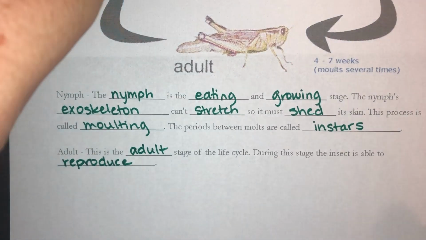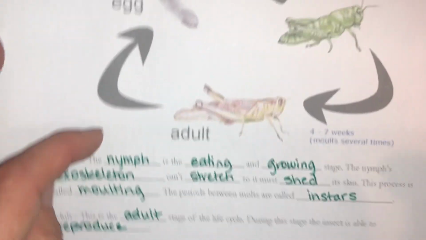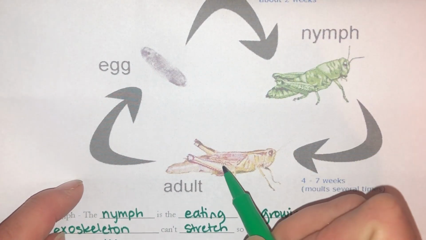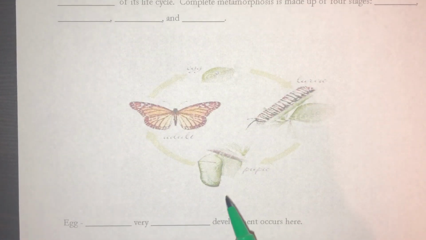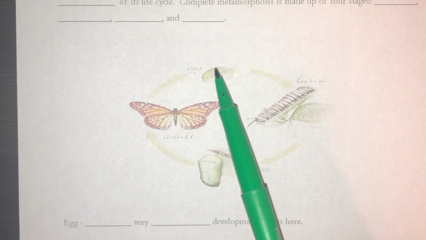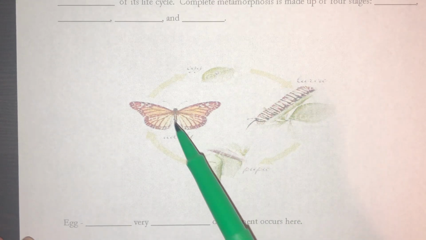Okay, let's compare this incomplete metamorphosis with just its 3 stages, egg, nymph, adult, to its section with 4 stages, which is complete metamorphosis. So complete metamorphosis is what butterflies do, where we go from egg to larva to pupa to adult.